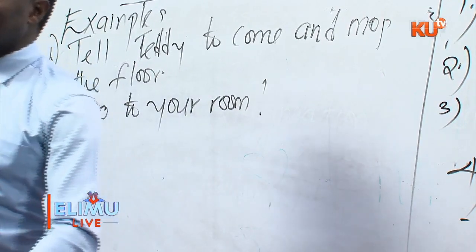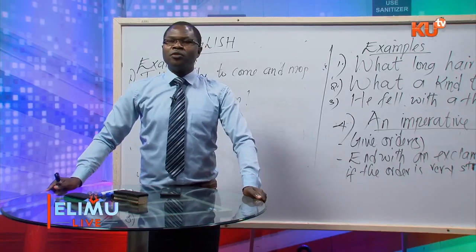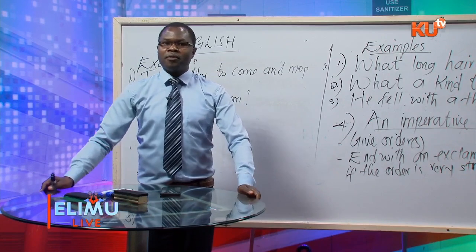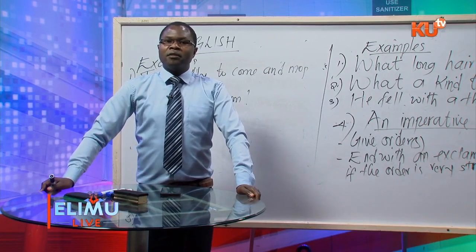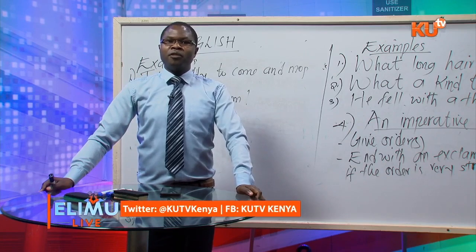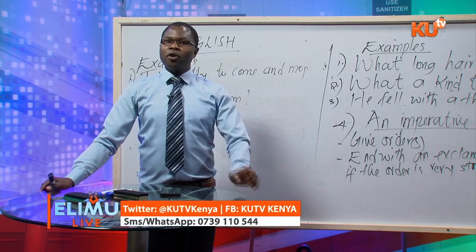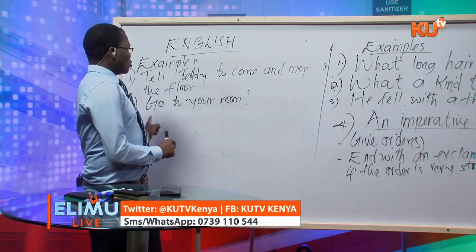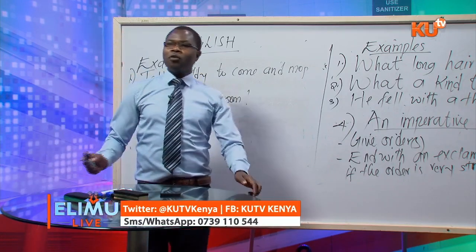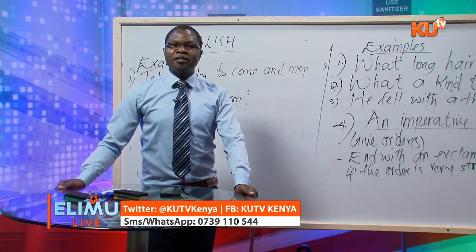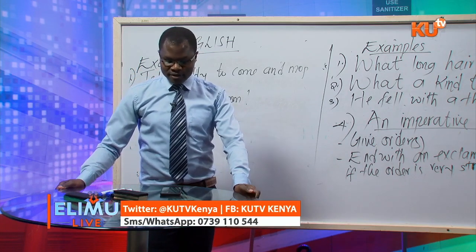Maybe at home there, some of you are so jumpy, you don't stay indoors, and the Ministry of Health directives state that we stay indoors, of course, to avert the spread of the virus. So if you don't stay indoors, maybe your parents can tell you, go to your room as an order. That is an example of an imperative sentence.